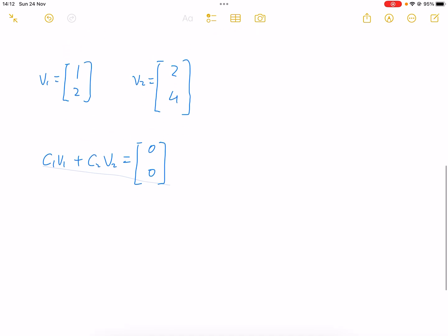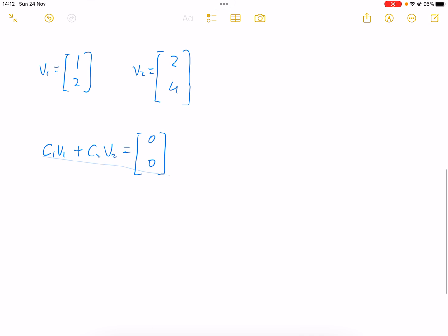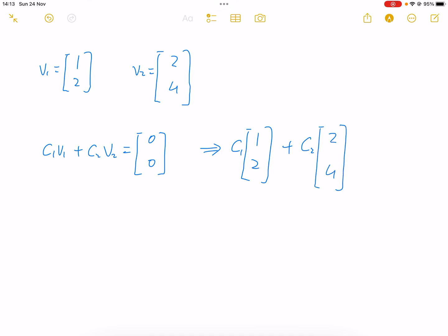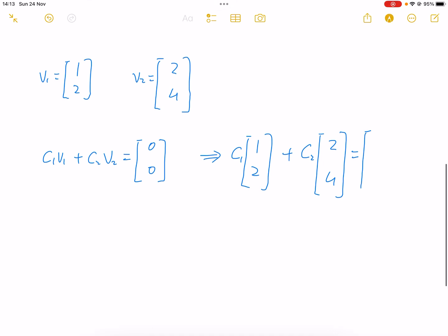So in this case, we will have C1 times (1, 2), which is vector v1, plus C2 times vector (2, 4) equals (0, 0).